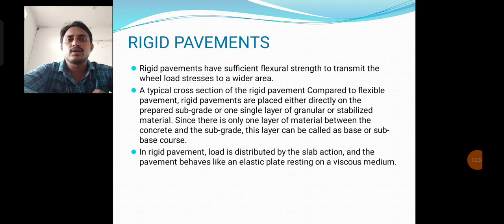In rigid pavement, load is distributed by slab action, but in flexible pavement, load is distributed layer by layer, area by area. In rigid pavement the load is carried by the slab action, so the pavement behaves like an elastic plate resting on a viscous medium.